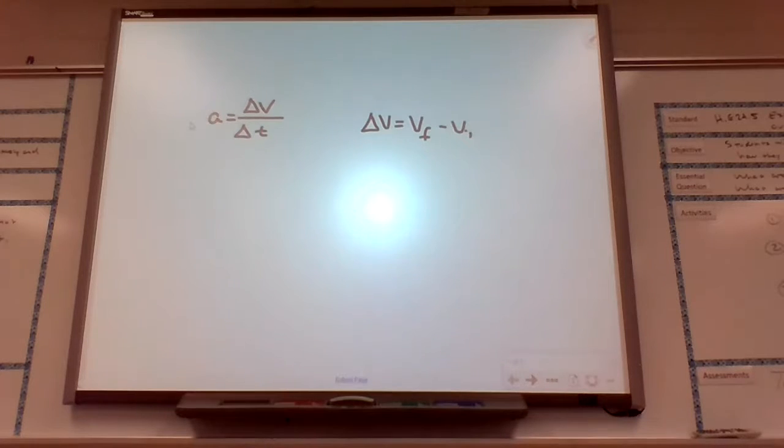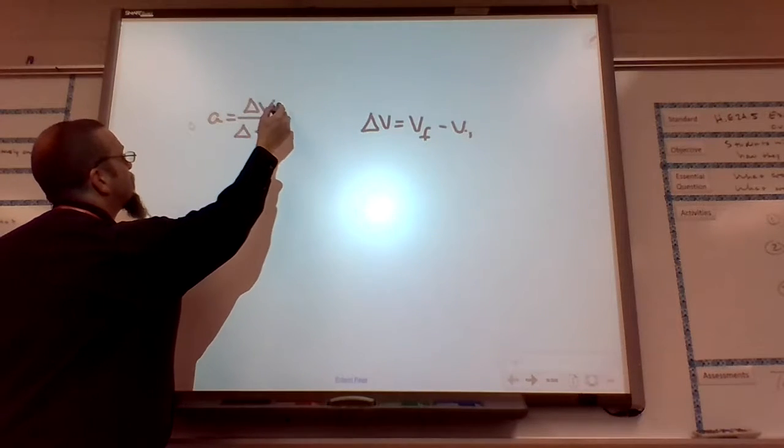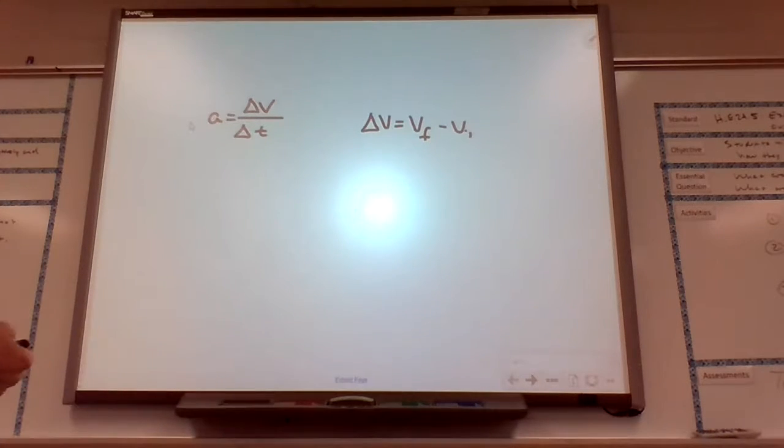Whenever we're solving for a final velocity or initial velocity, we'll solve for the change in velocity first, and then we'll use the delta v equation to figure out what either that final or that initial was. Units are kind of weird on this because you'll have some kind of velocity unit on top, like meters per second, and on the bottom you'll have some kind of time unit. And this time, those time units don't have to match. So your velocity can be miles per hour, but your time can be in seconds, and that's okay.